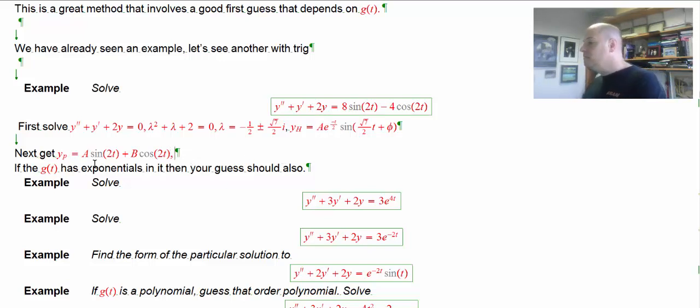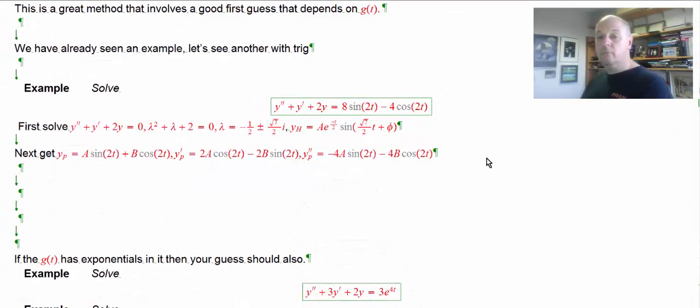I need its first derivative and I need its second derivative. So let's differentiate these pieces. So we've got our derivatives. We're going to sub the derivatives in the left-hand side and make it equal to the right-hand side and figure out what the coefficients A and B have to be.